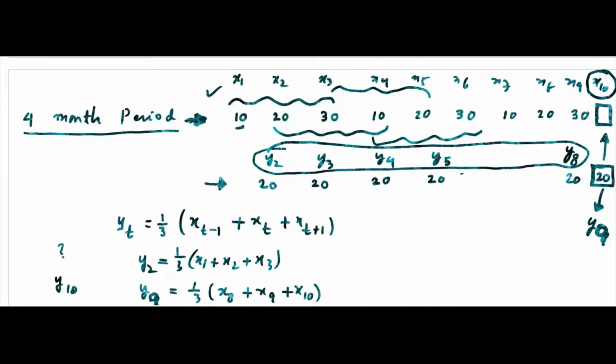Okay, so what I will do is I transform this way, this is called linear filter, I transform the data this way by taking the moving averages, and I got y2 to y8. Okay, I don't have y9, I want to get y9.